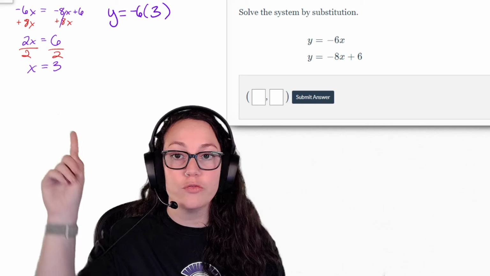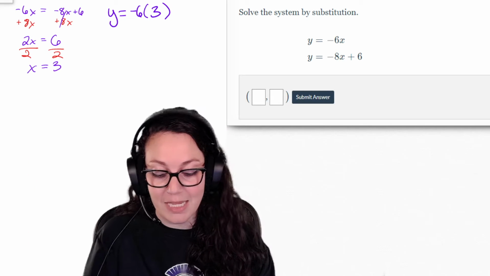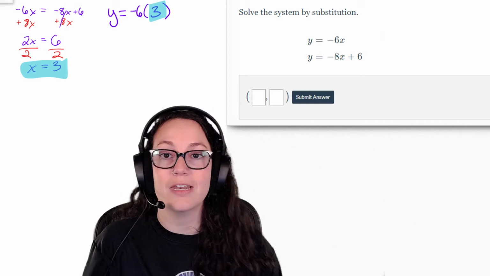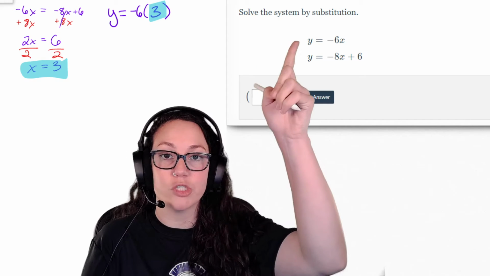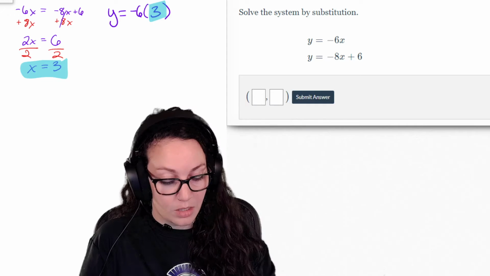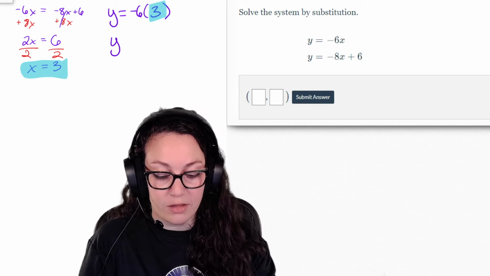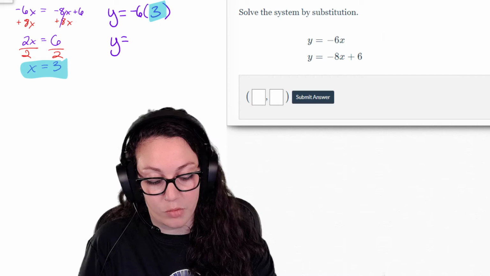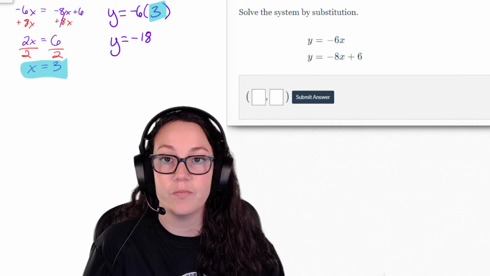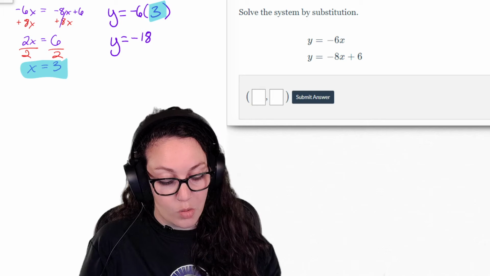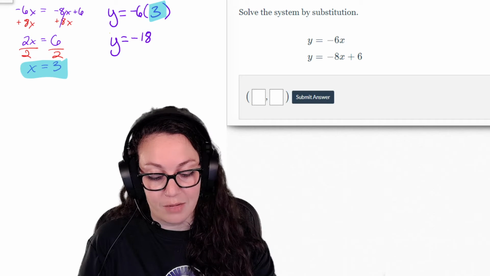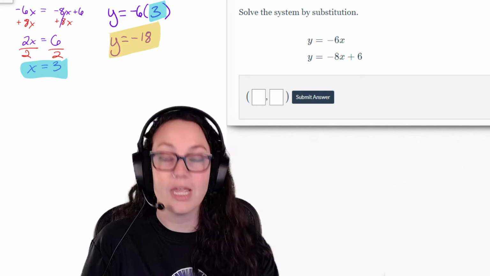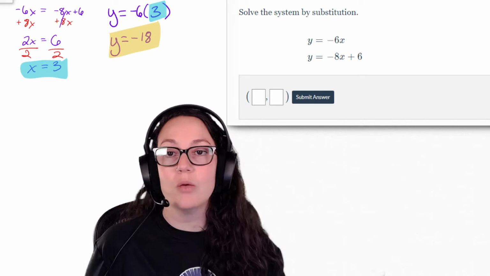I solved for x, and now I'm taking this x value of positive 3, and I'm plugging it in where there was an x in this first equation. So when I follow order of operations, negative 6 times positive 3 is negative 18. Technically, I could say that I'm done here and just say, okay, my x is 3 and my y is negative 18. But I want to be doubly sure.